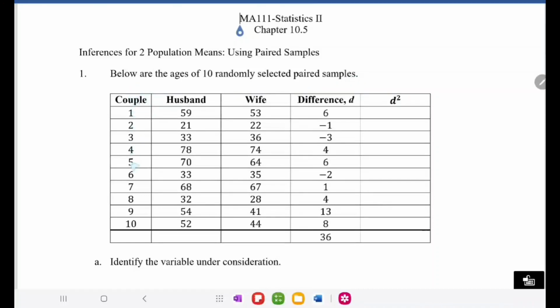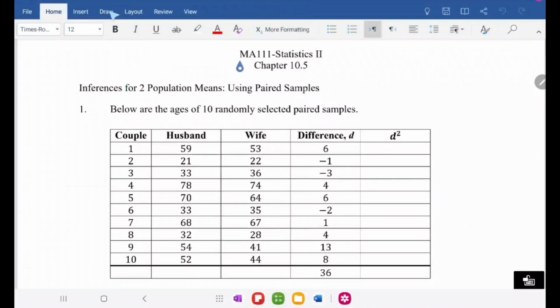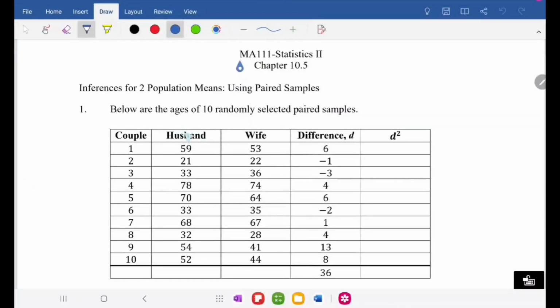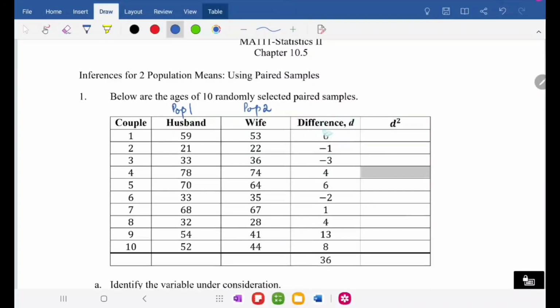So we have 10 couples in our sample, out of which population 1 represents the age of husbands. These are all ages. So this is population 1, and the wife has been defined as population 2, and these are the list of their ages. When we take the difference, you see the difference is taken at each individual pair level.